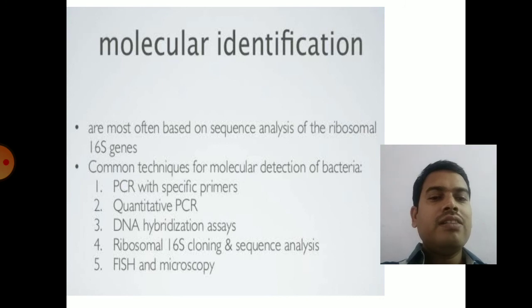DNA microarray technology is a technique where, on a plate, you can use different probes for different bacterial species and incubate the bacterial DNA with the probes present in the wells. You can read it on a DNA microarray chip, and you are able to identify which type of bacterial species is present in your sample.